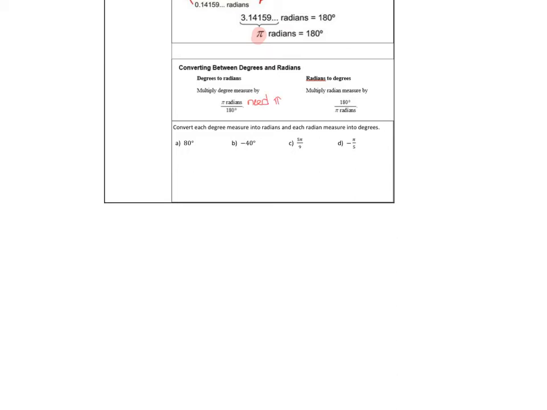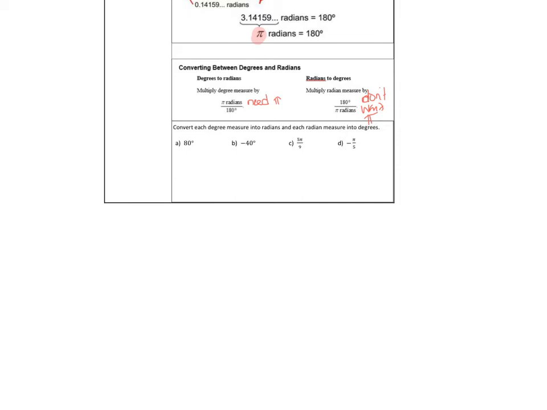Because I don't want pi anymore if I'm going from radians to degrees, even though I don't know why anybody would not want pi. So we're going to divide it out because we don't want pi if we're going from radians to degrees. We've got to get rid of the pi.